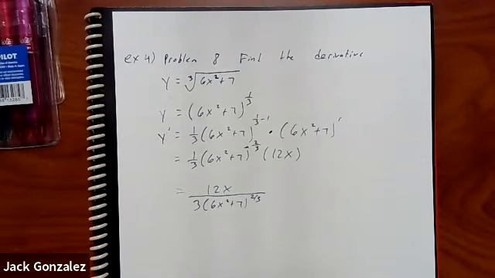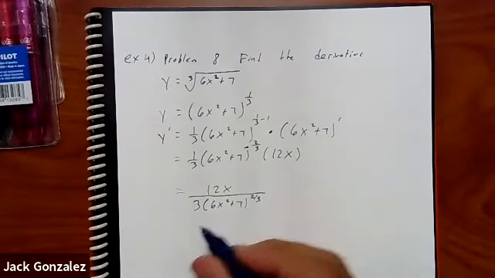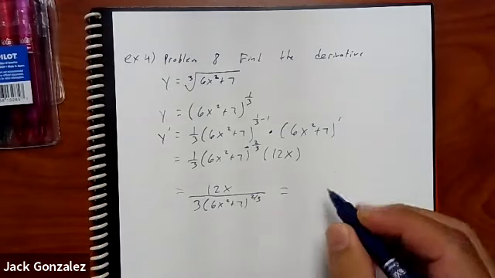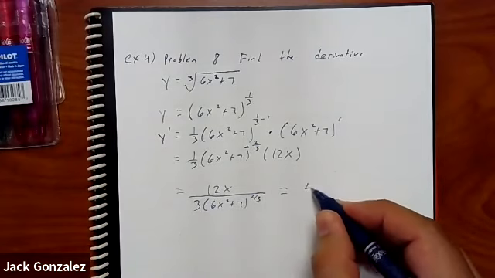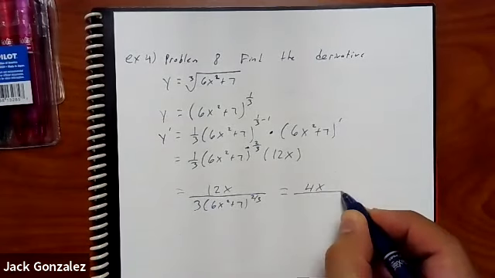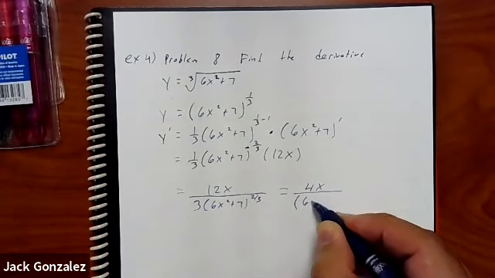Any question on this so far? So 12 divided by 3 is a final step here. Nothing else to do.